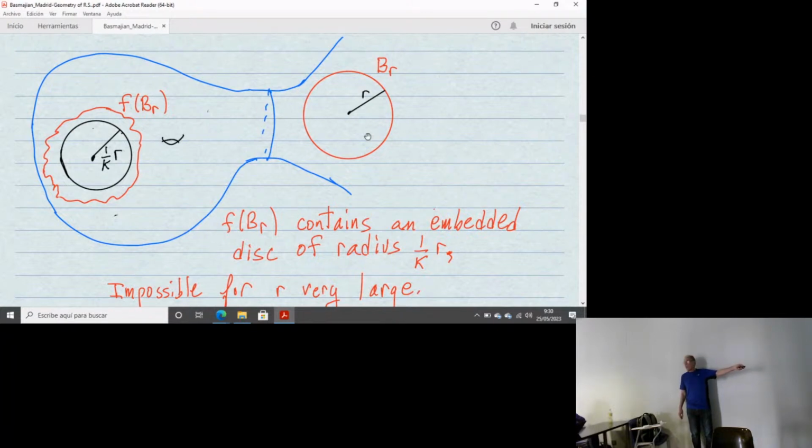If I take a very large disk of radius R over here and map it by a K-QC map of this surface to this point here, since this is essentially a bi-Lipschitz map, the image of this disk has to contain a disk of radius 1 over KR. If I take R larger and larger, there's no way this is going to be satisfied. The injectivity radius at this point is bounded. So there are no embedded half-planes, in particular no funnels.